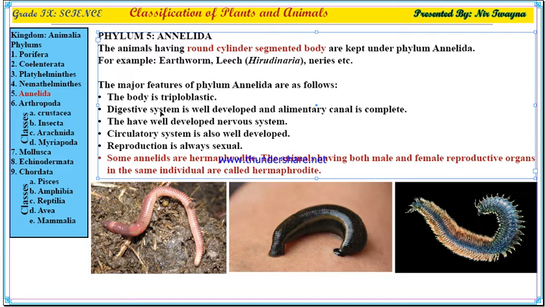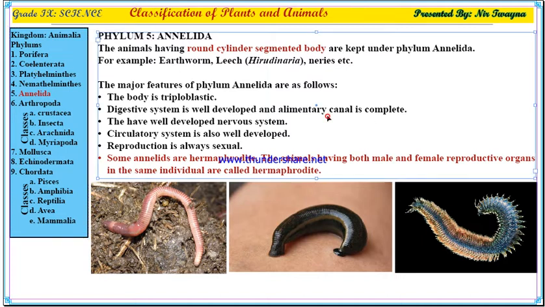And next, the digestive system is well developed and their alimentary canal is complete. Now, the digestive system was rudimentary in case of Coelenterata and Platyhelminthes. Alimentary canal means the canal through which food passes.